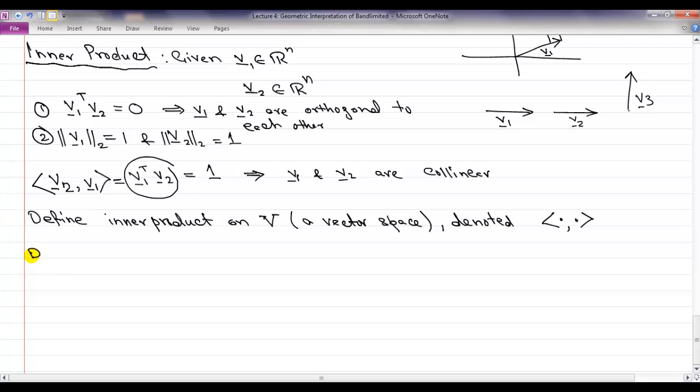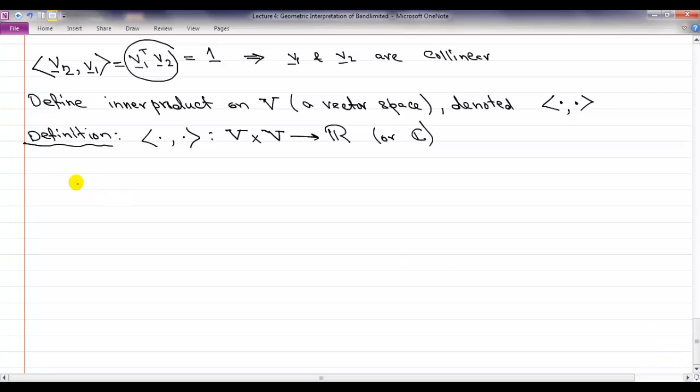So the definition is: an inner product is defined on the Cartesian product of our vector space and maps onto the real line or complex line, depending upon whether we are talking about real scalars or complex scalars.